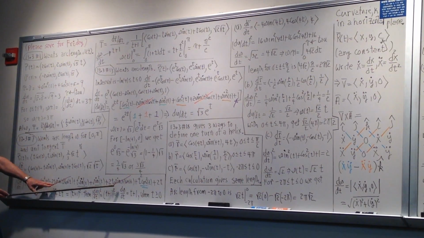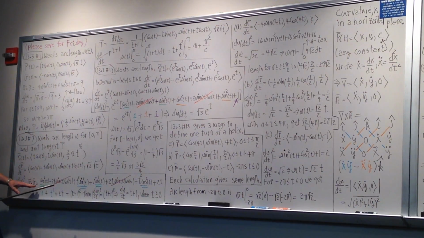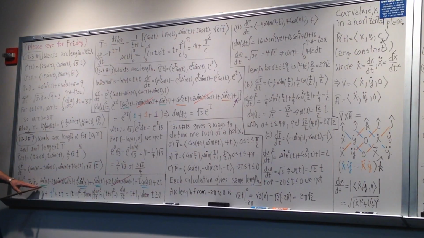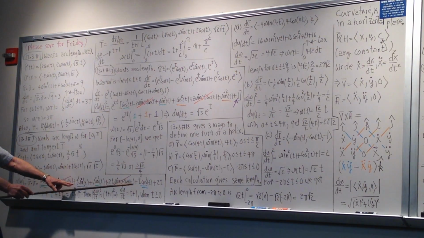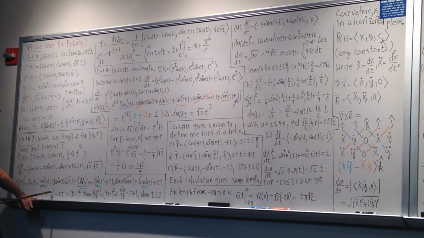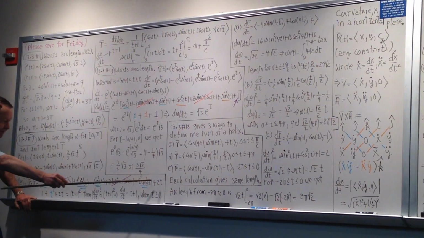And then you see those cancel, the rose color, and then you look at the cosine squared from this and the sine squared from this one. Put the 2 green together, and that's a 1. Put the 2 blue ones together, and that's a 1 times the t squared. And then you have the 2t here on the end.